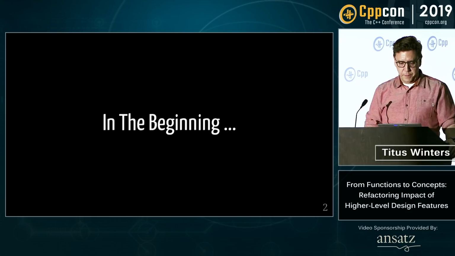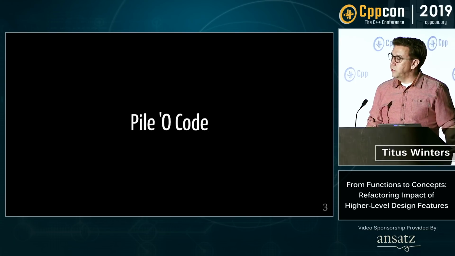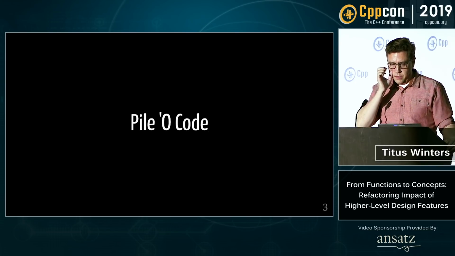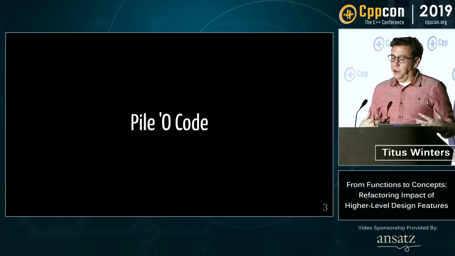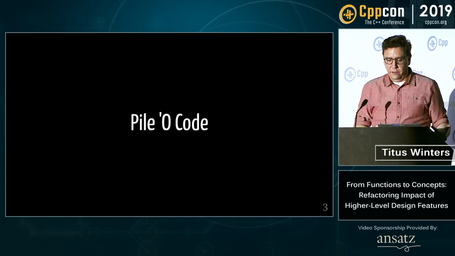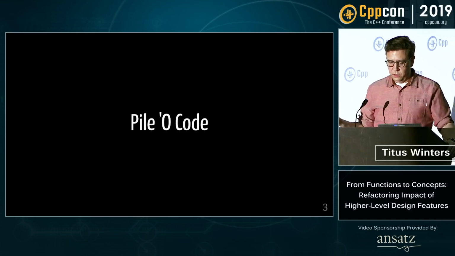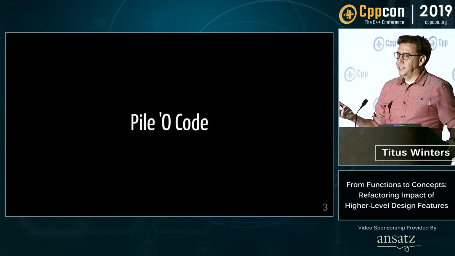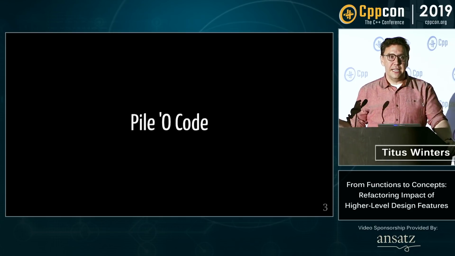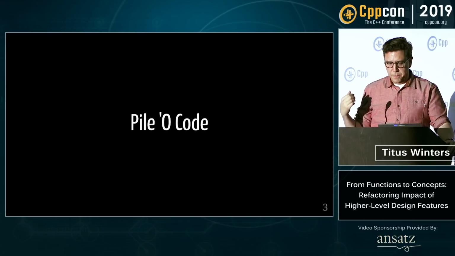In the beginning, all code was basically just a mess. The first couple decades of computer programming, code was effectively just a pile, right? You see this in old code that relies on goto everywhere, or programming languages that are based on line numbers preceding every statement, right?